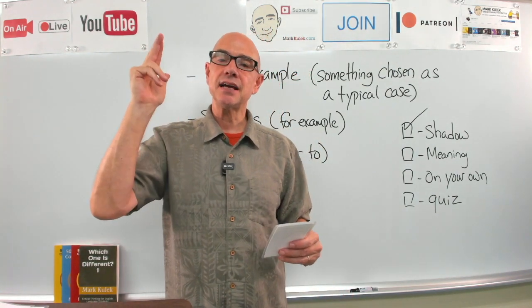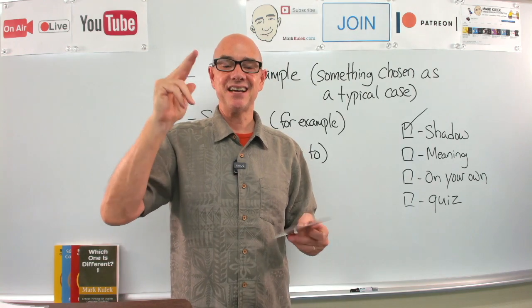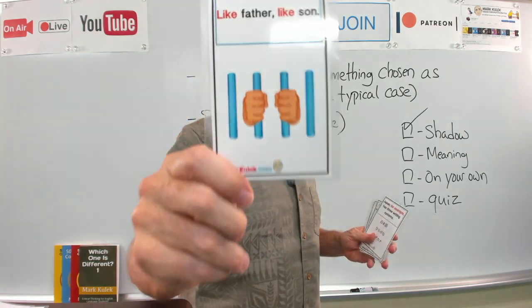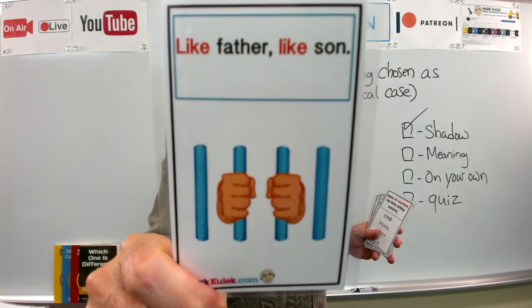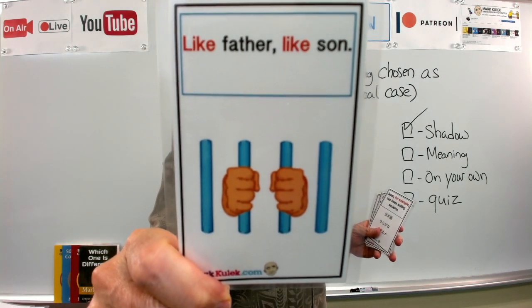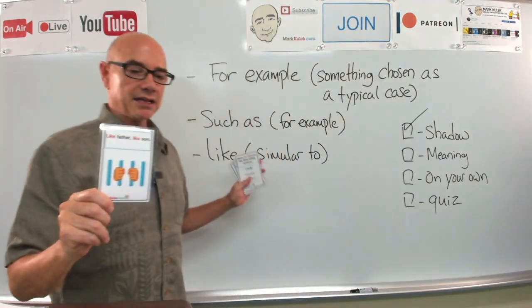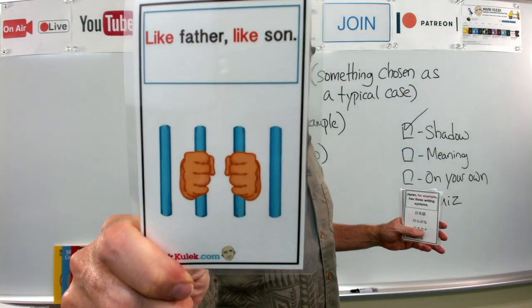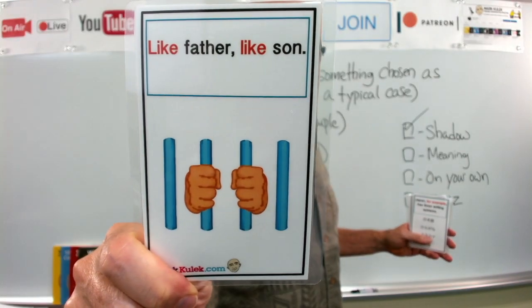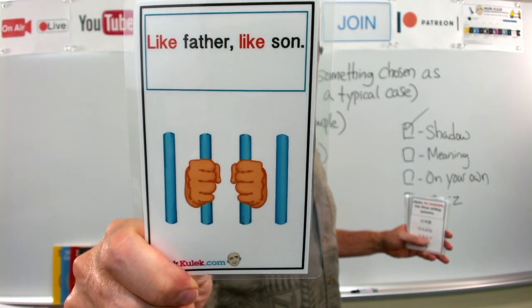Like father, like son. Okay, similar, right? So, like, similar to. So maybe, you know, a bad father will have a bad son.